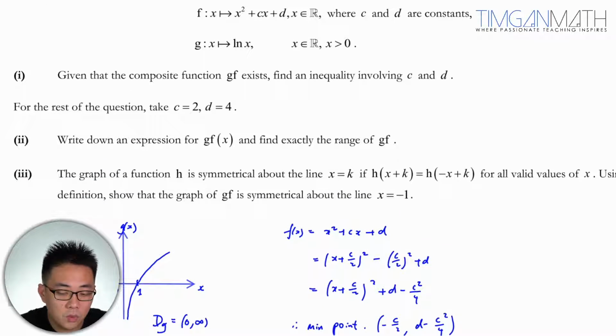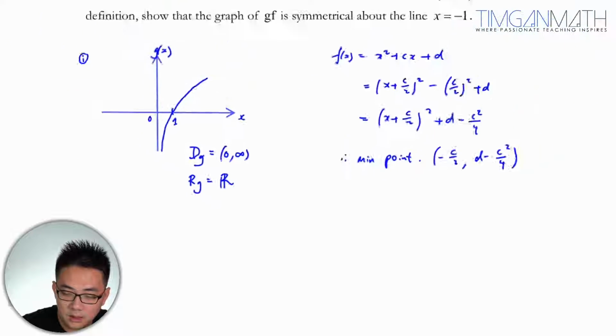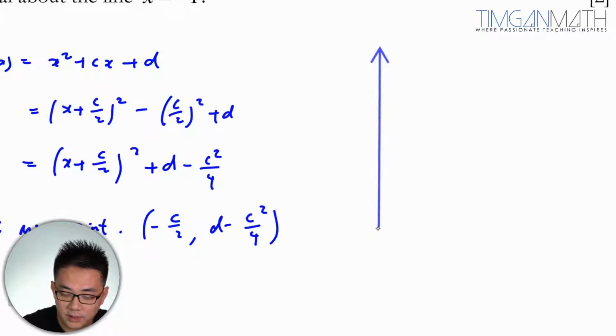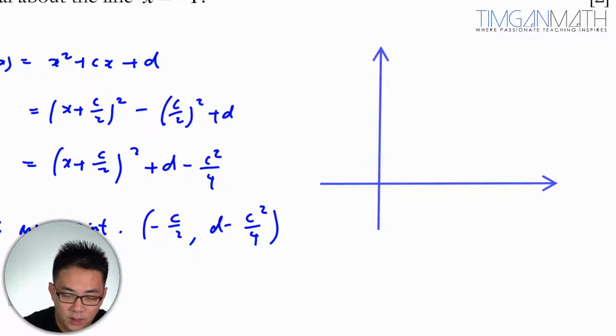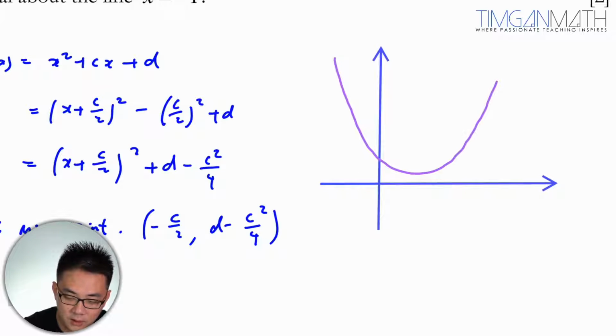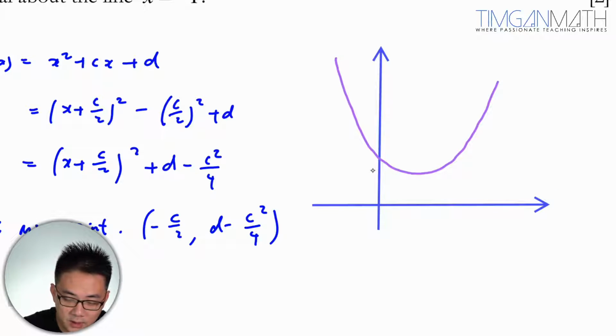That's the minimum point of a quadratic function, and since you want the composite function to exist, we form an inequality involving c and d. In other words, I'm going to draw the f(x) graph first. You don't really know where it is, but I'll draw it out. This would be d when x is 0.